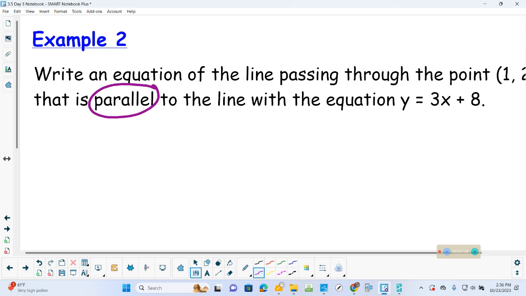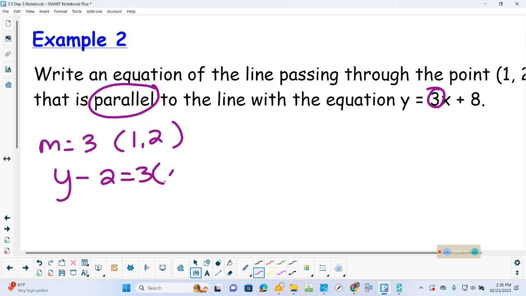So, another question for you. What is the slope of the equation they give you? 3. So we're going to use the exact same slope of 3. And of course, we're going through that point 1, 2. Now again, 1, 2 is not on the y-axis, so I have to use the red formula, point slope form: y minus the y coordinate, x minus the x coordinate.